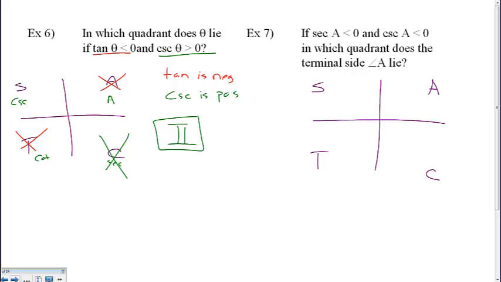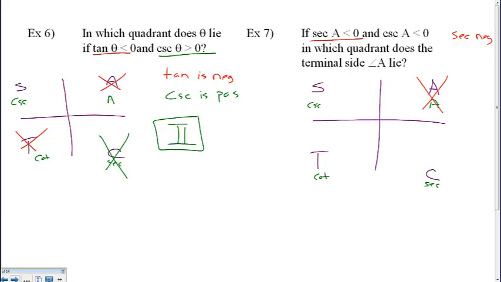In example 7, I'm going to start the exact same way. Draw my 4 quadrants and label it with my mnemonic, add sugar to coffee. Here, instead of having theta, I have an angle A. Notice I have a cosecant, so I'm also going to label where my reciprocal functions are positive. I'm told that the secant of my angle A is less than 0.